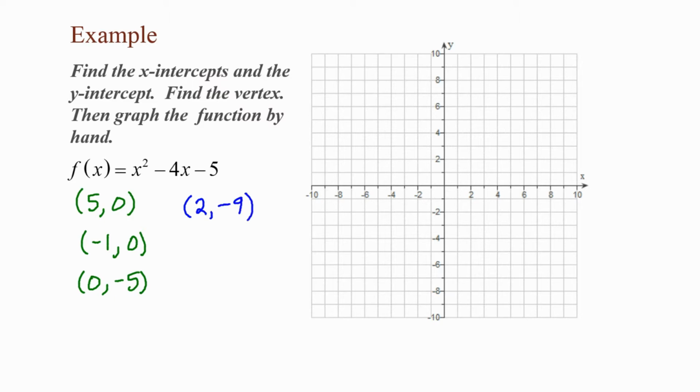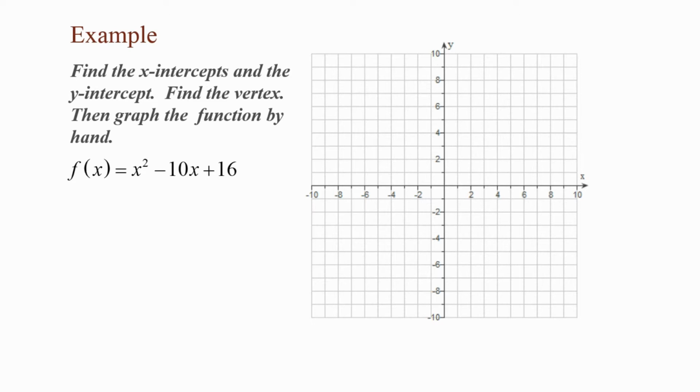Now that I have these points, I can plot them on our graph. 5, 0, negative 1, 0, 0, negative 5, and 2, negative 9. Then I can draw my parabola. So this is the graph of the function f of x equals x squared minus 4x minus 5.